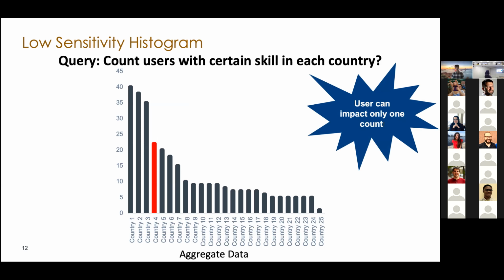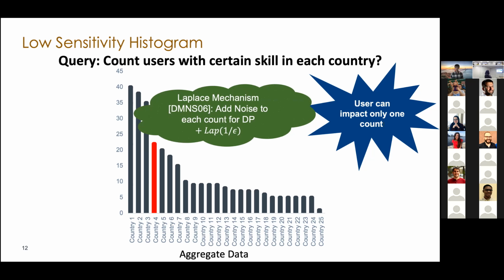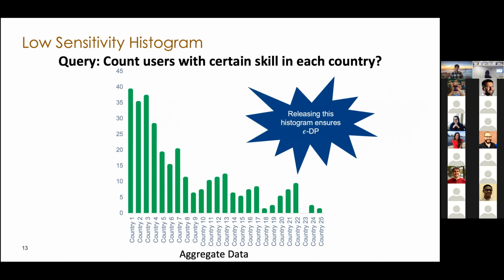And so it's easy to privatize this histogram. We can apply the classical Laplace mechanism or a Gaussian mechanism to add noise to these counts, and the result will be some noisy histogram. And we don't even have to limit the number of things we release. We can just report this entire histogram back to the user.